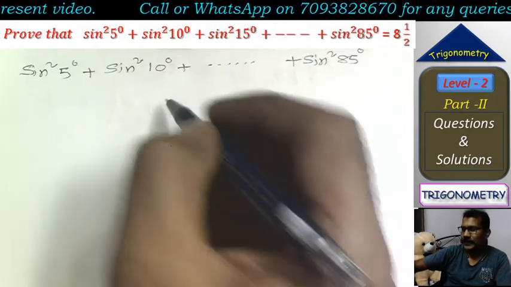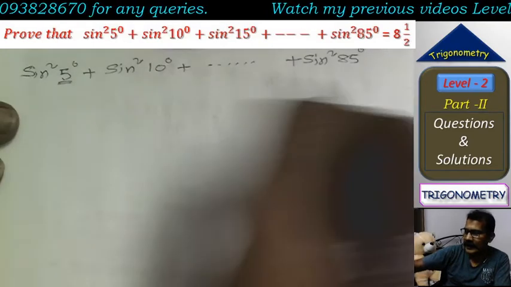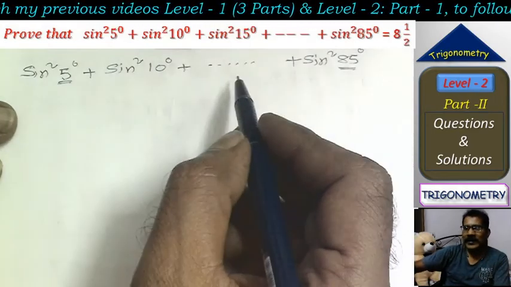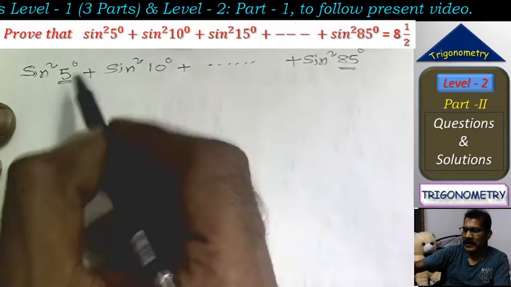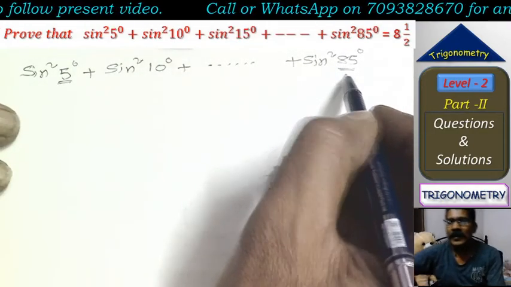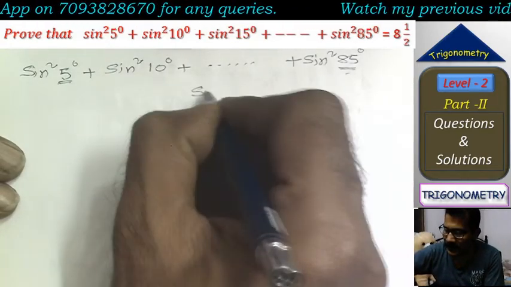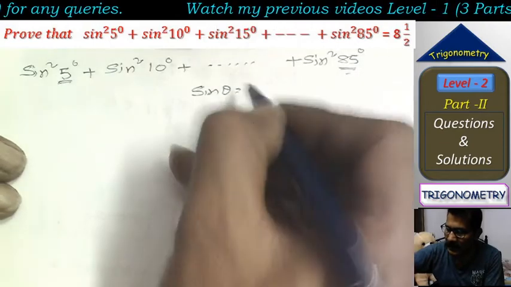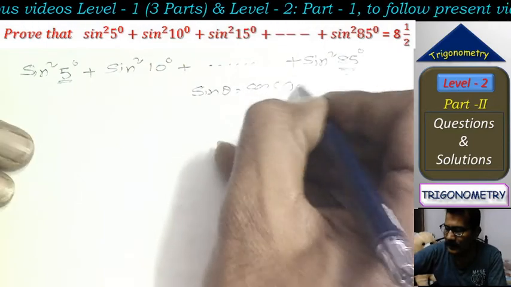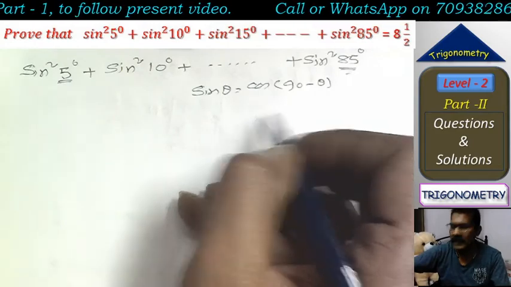If you check the first angle and the last angle, 5 and 85, these two numbers together make 90. Means there must be a relation between sine square 5 and sine square 85. So recall the basics of trigonometry. Every sine theta you can write as cos of 90 minus theta, right? This was explained in my previous video.